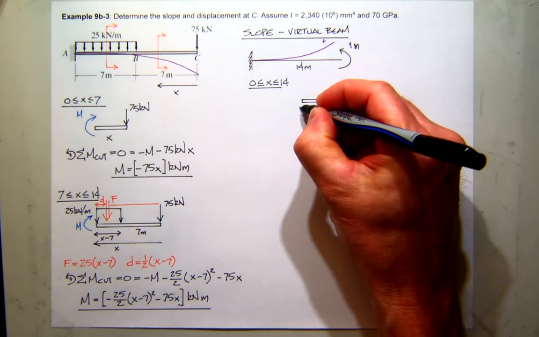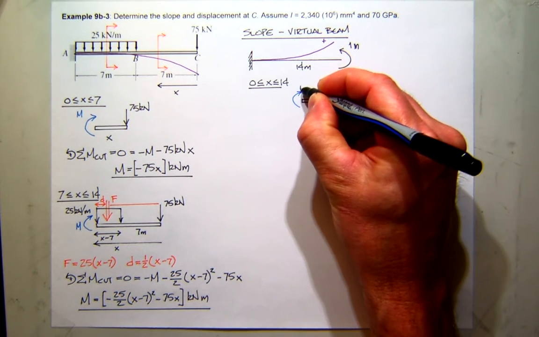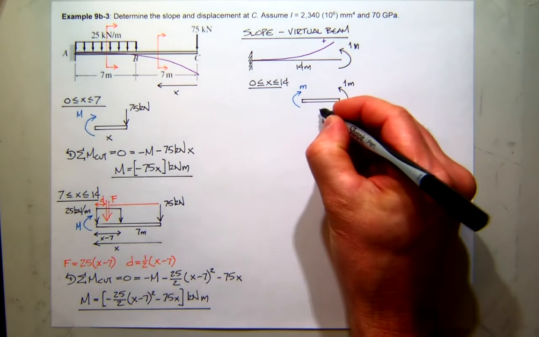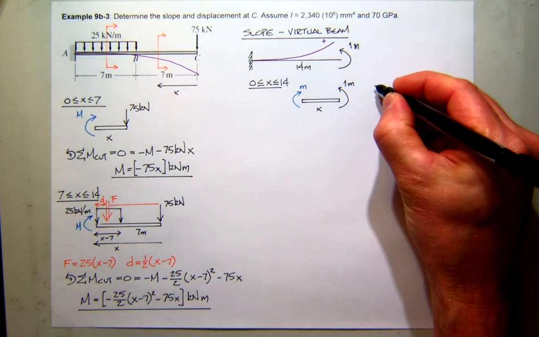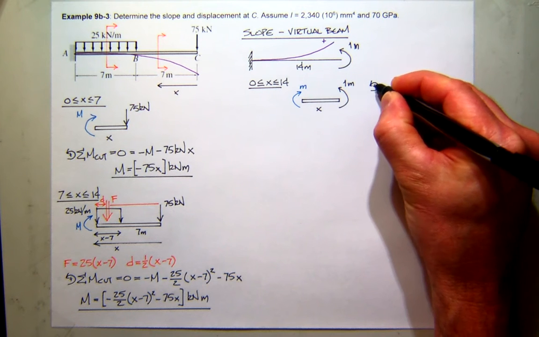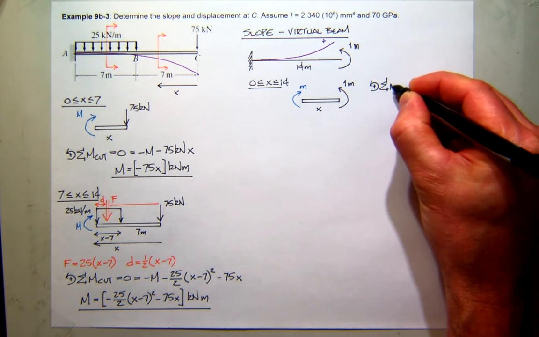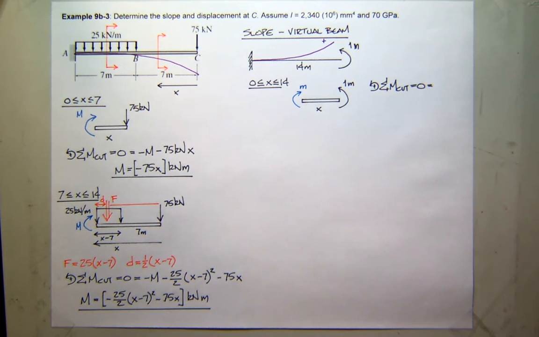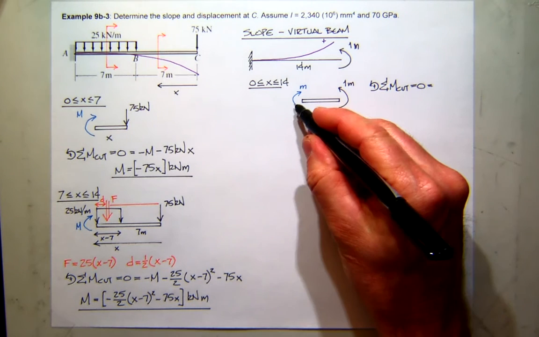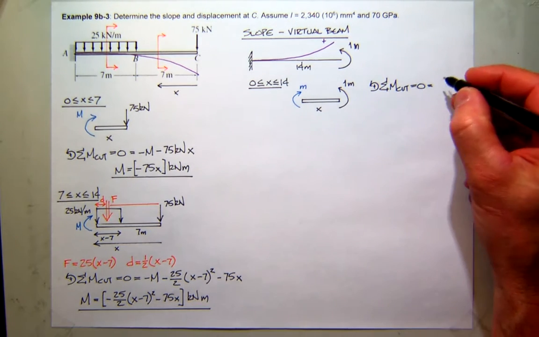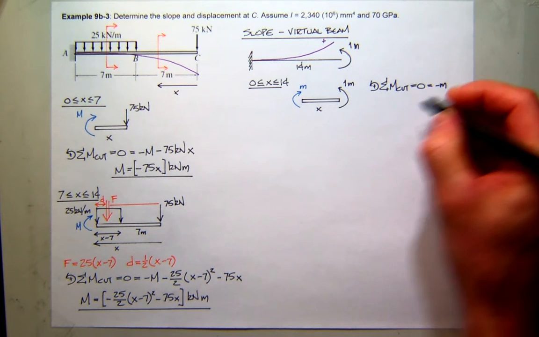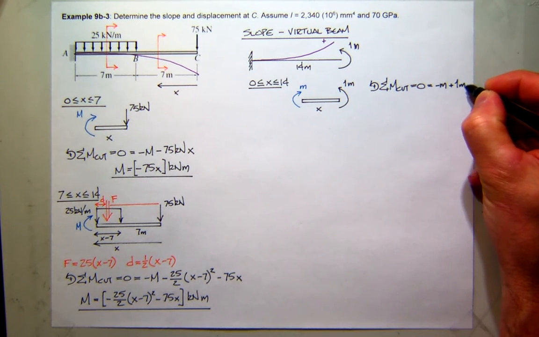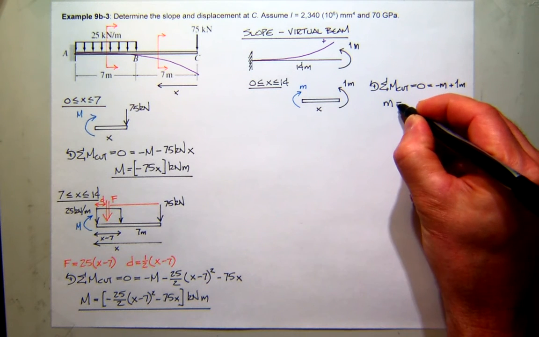So now internally, I have the lowercase m, or the virtual moment, at my distance x. If I sum moments at the cut, set it equal to 0, what do I get? Well, internally this moment is negative, and this moment is positive. So my virtual moment is simply 1.